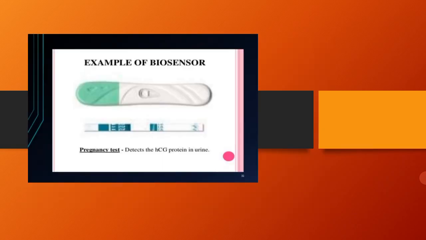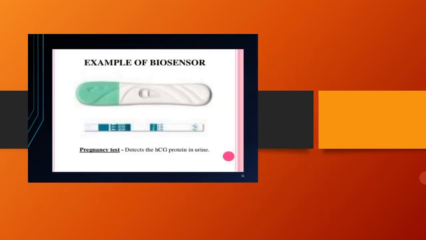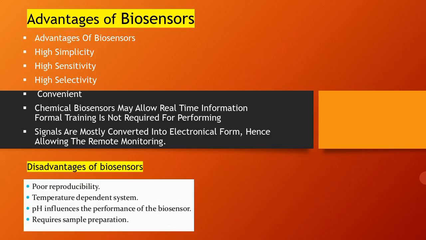So these are the types of biosensors. Then we saw the applications of biosensors, and we saw one example of a biosensor.